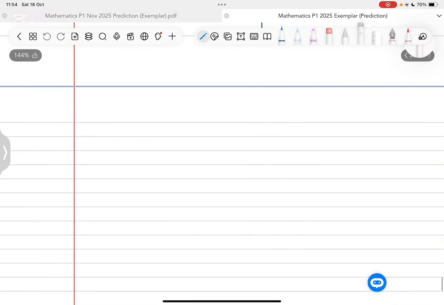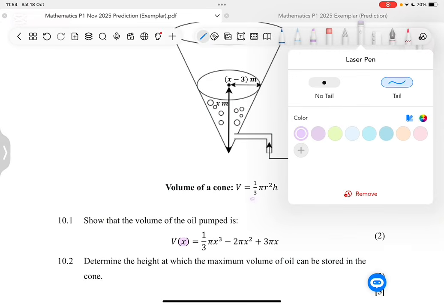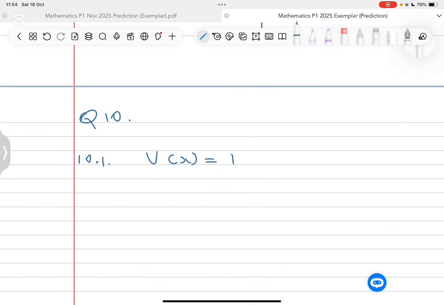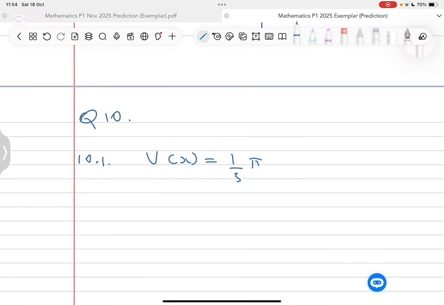So we are on question 10, and we are doing 10.1. And we want the volume as a function of x, and we are saying here that our volume would be 1 over 3 pi, and our radius r is defined by x minus 3, and our height is defined by x.